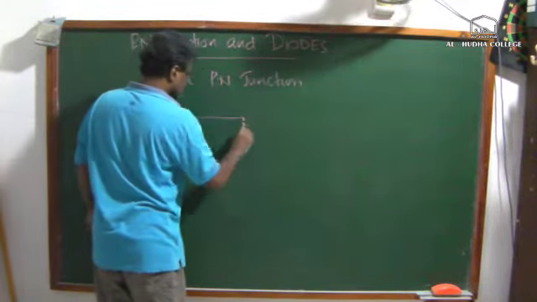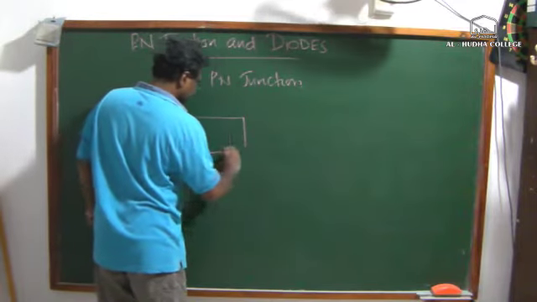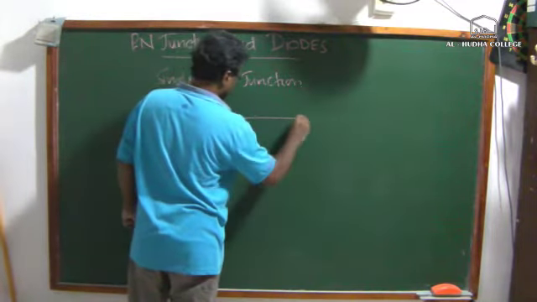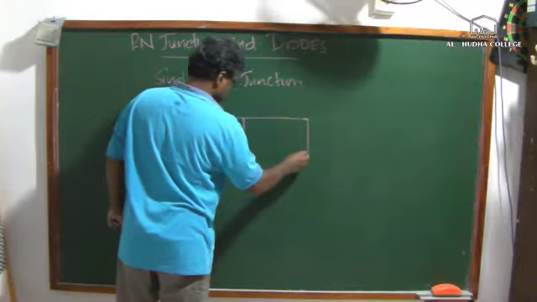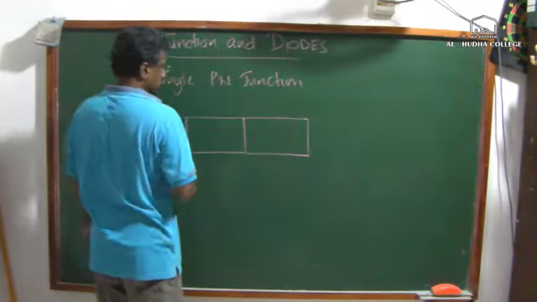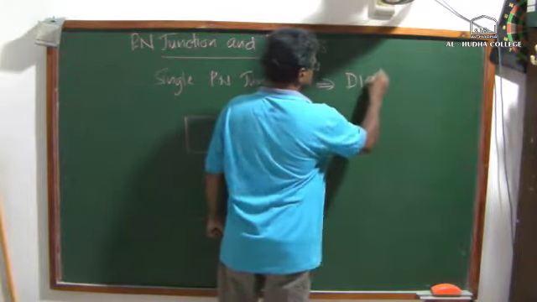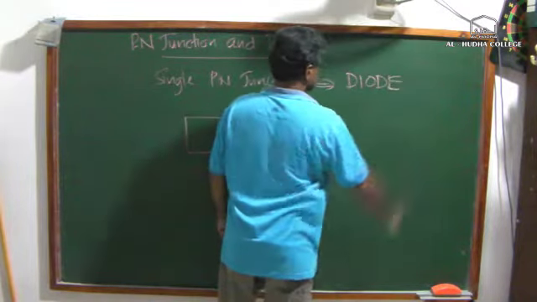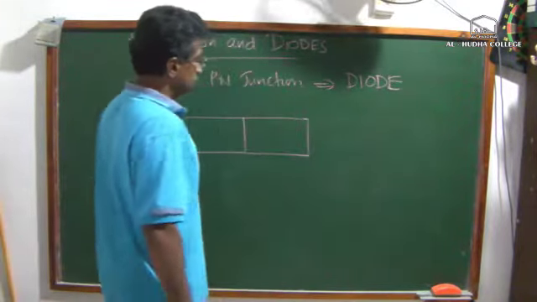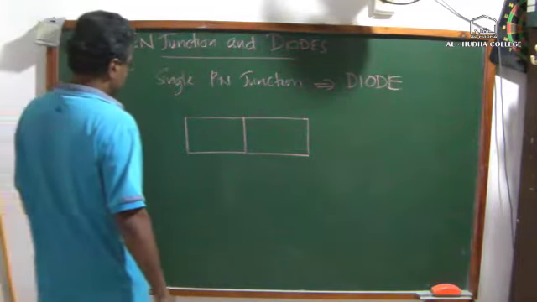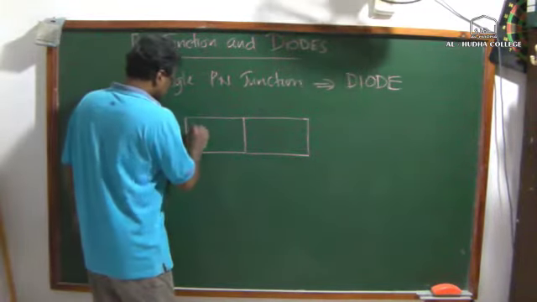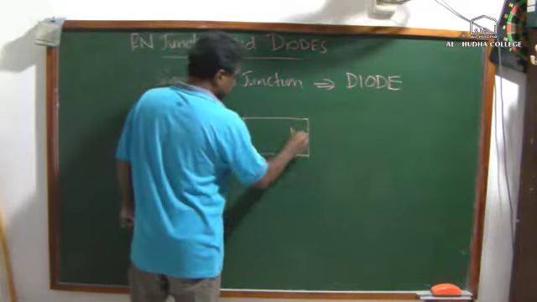So we have P-type and N-type. So this is the basic semiconductor device. We have P-type and N-type.